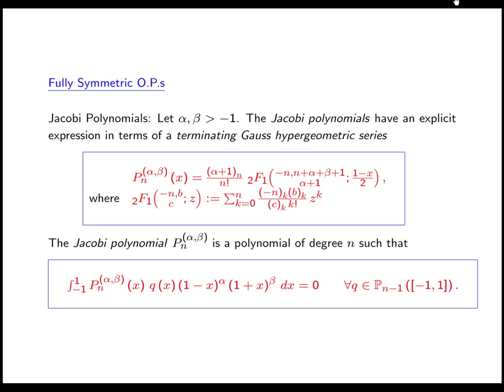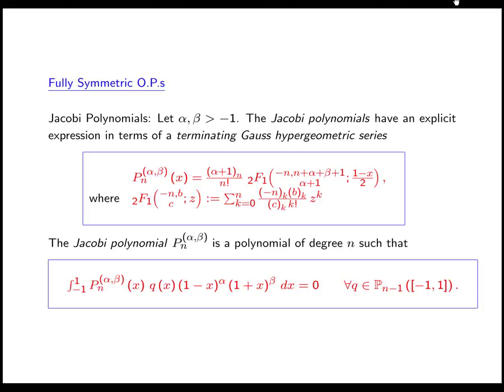So, Jacobi polynomials are one-dimensional polynomials. They are well known, and they can be written down in quite different ways. And during the course of this research here, I found these hypergeometric confluent functions with this very nice notation quite convenient.